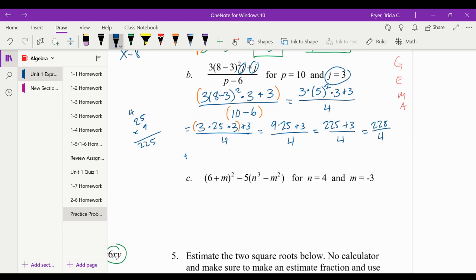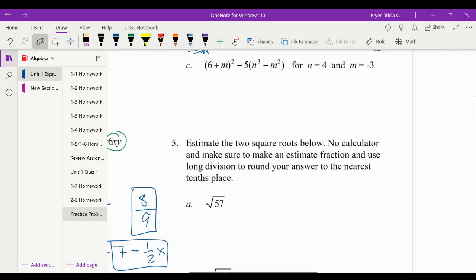So I'd have to say, okay, 4 goes into 228, well, 4 goes into 2 0 times, 4 goes into 22 5 times, 4 times 5 is 20, subtract, and I get 2. Then I'll bring down the 8, and 4 goes into 8 7 times. So 4 goes into 228 57 times.